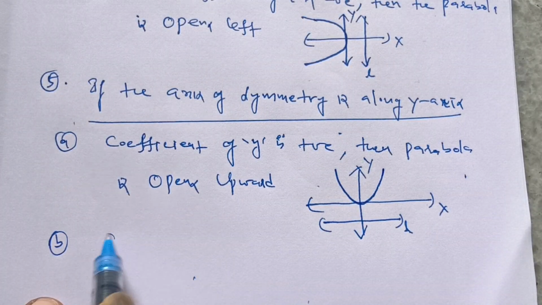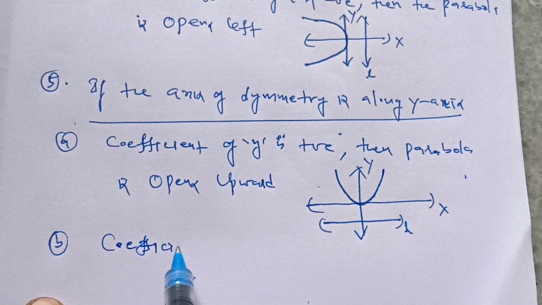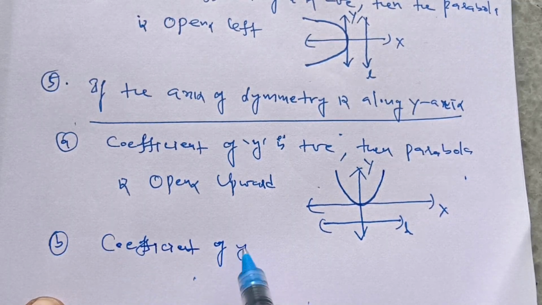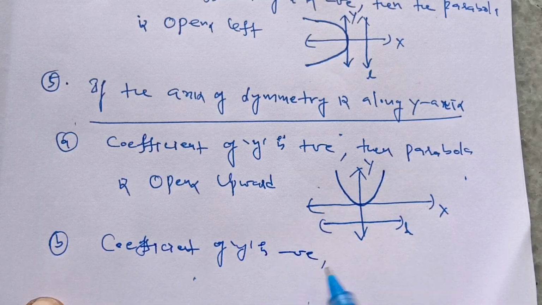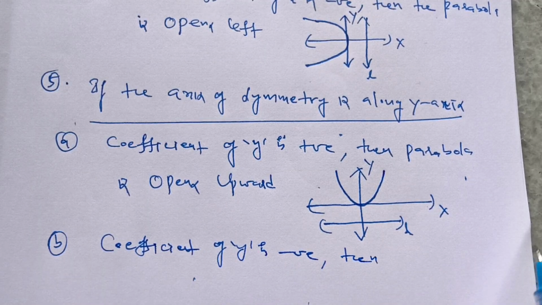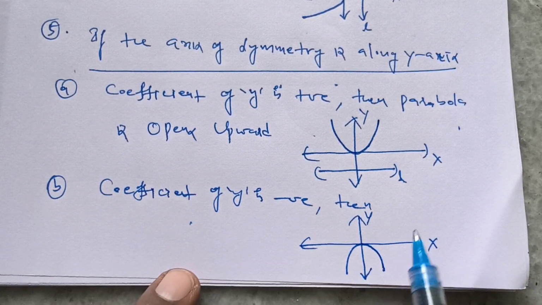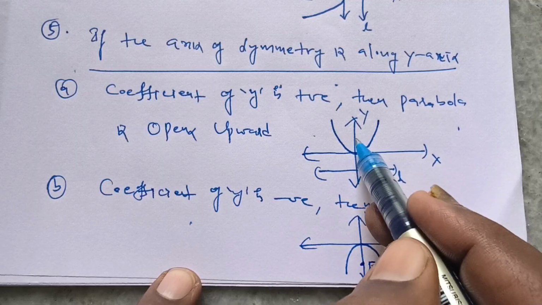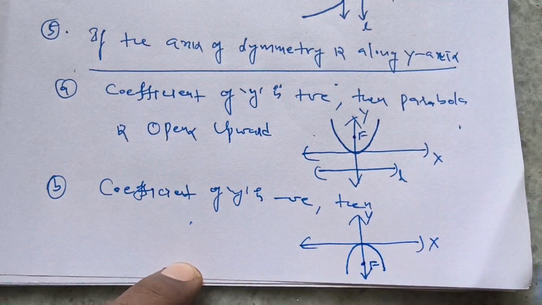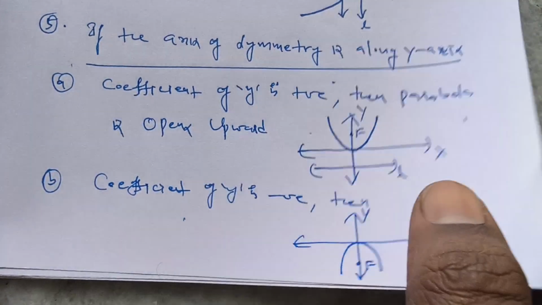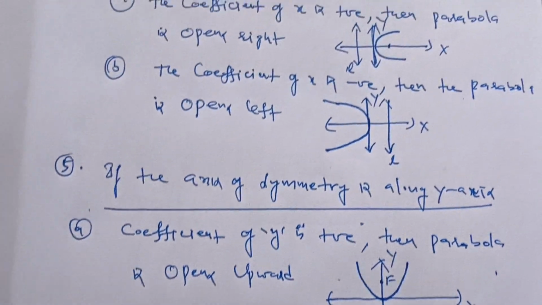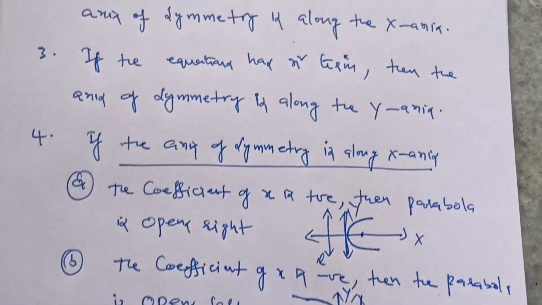B, the coefficient of y is negative, then the parabola opens downwards. The shape of the parabola is like this. This is F and this is also F. So these are all observations from the standard forms of parabolic equations.